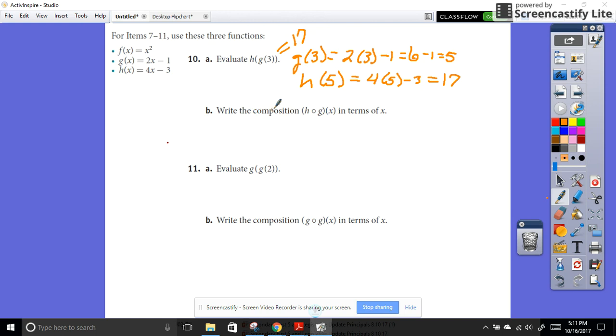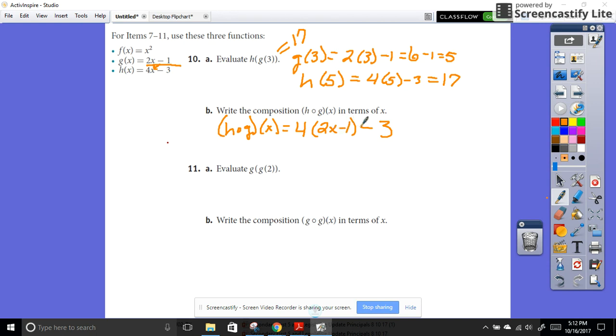Write the composite function, h of g. So I need to rewrite the h function. H of g of x is equal to, write the h function, and instead of putting the x, what are we going to put in the place of the x? We're going to put the g function. So here's the g function. This right here is going in right there.